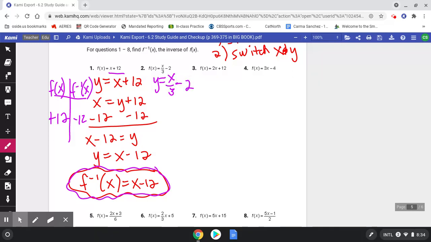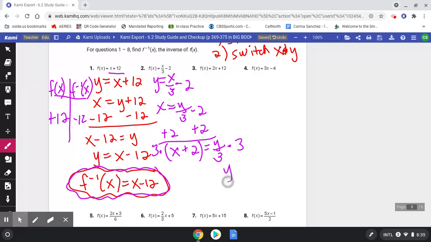I'm going to switch the x and the y. And then I'm going to solve for y by working backwards with the operations. Step 1 is adding 2 to both sides. And the last step is multiplying everything by 3.